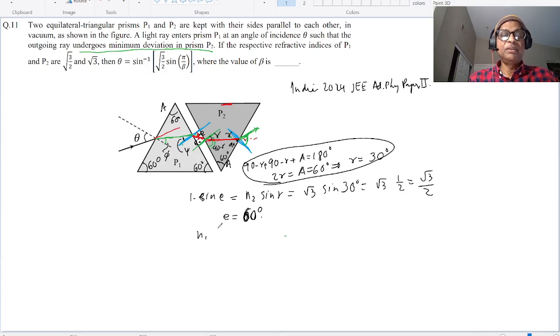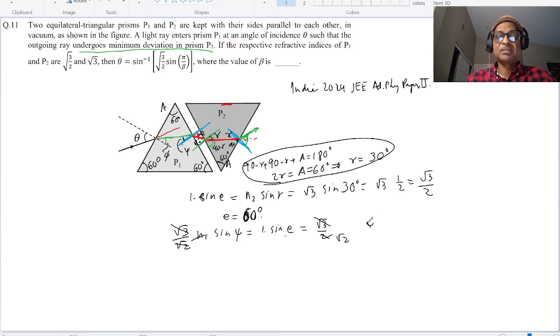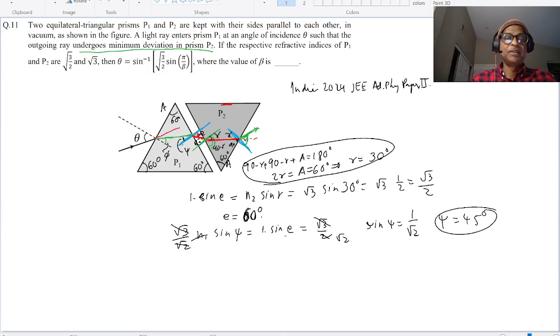So n1 sine psi is 1 times sine E, which is square root of 3 over 2. n1 is square root of 3 over square root of 2. The square root of 3 cancels this square root of 3, and this gives you square root of 2, so sine psi is 1 over square root of 2. So psi is 45 degrees. But we want theta, so we have to relate this to that.